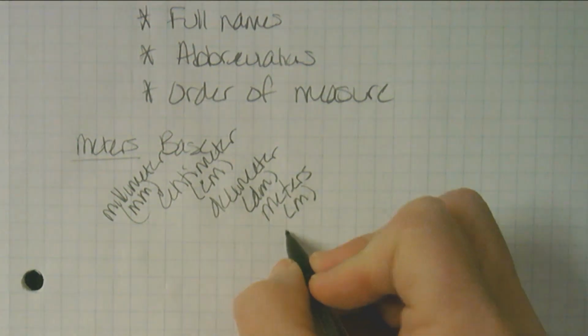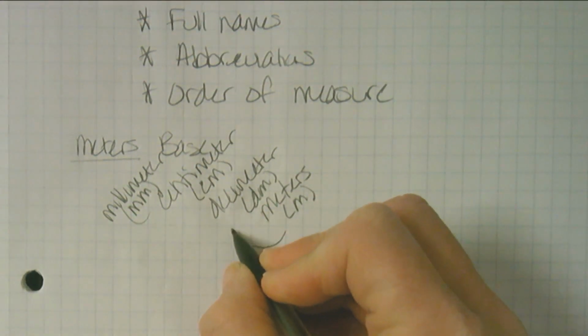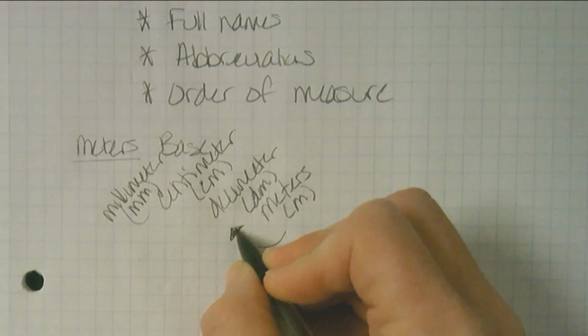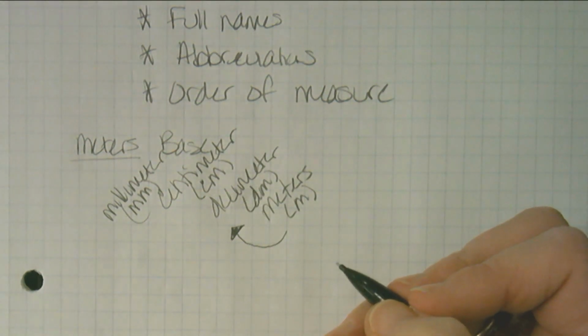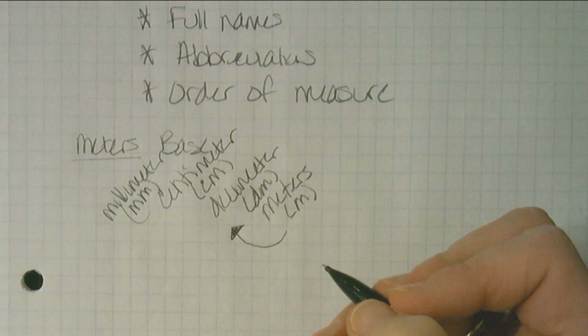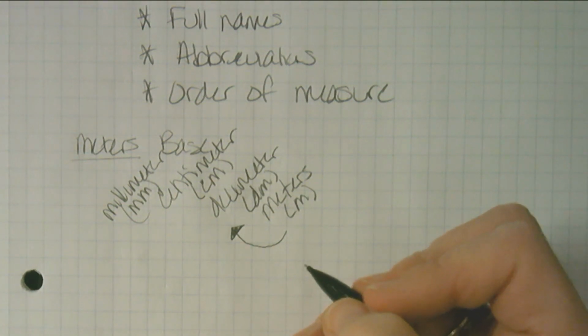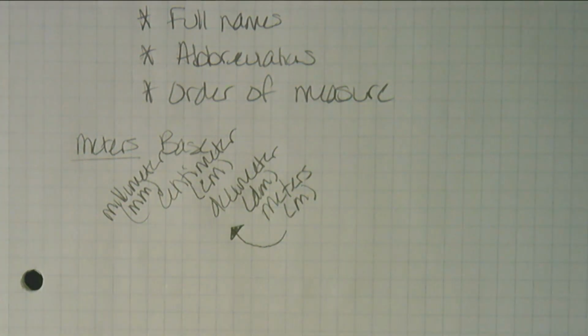Now, if I'm going from a meter to a decimeter, I'm going from a bigger unit of measure to a smaller, which means I'm going to have more of them. So if the distance from the doorknob to the floor is 1 meter, how many centimeters would that be?